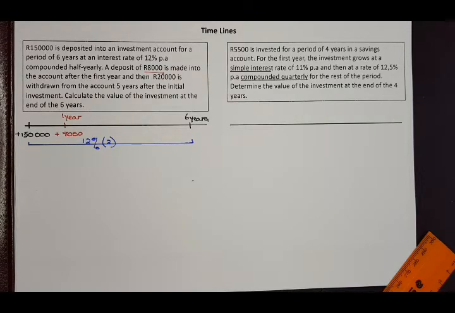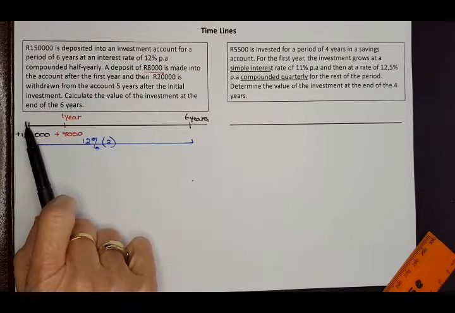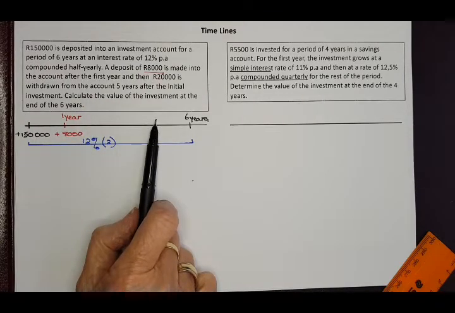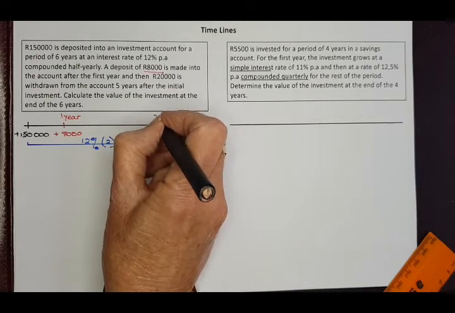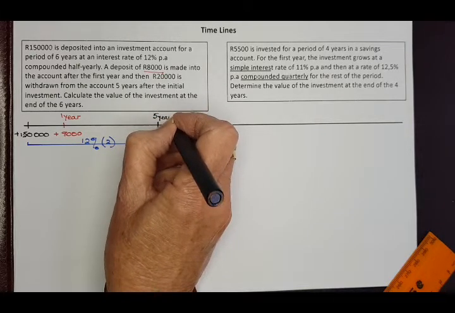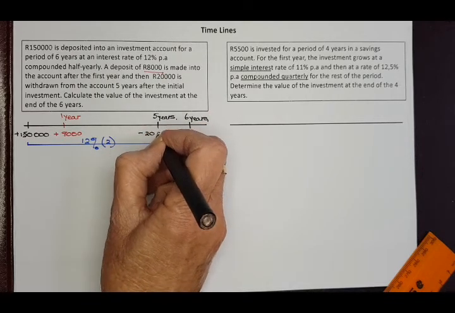Then at this point over here, we are going to take out 20,000 Rand. So 5 years after the initial investment. All right, so now we're 5 years down the line. We are going to take out 20,000 Rand.